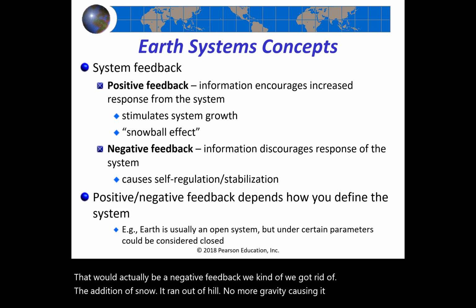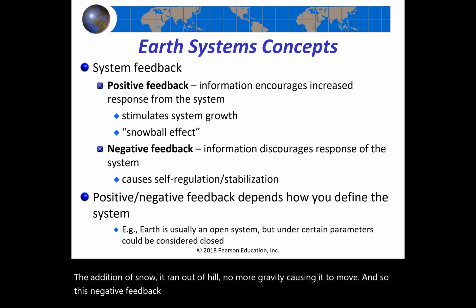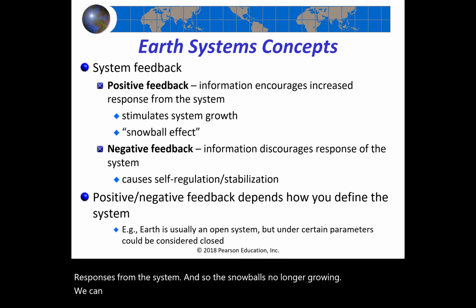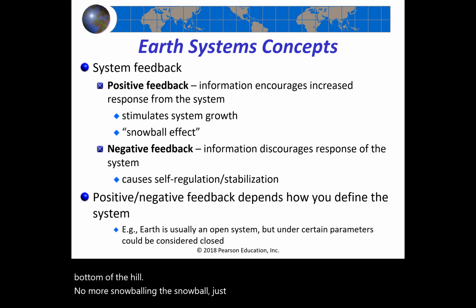And so this negative feedback is discouraging responses from the system. And so the snowball's no longer growing. We can think of negative feedback like self-regulation or stabilization. Again, the bottom of the hill, no more snowballing. The snowball just kind of sits there, not growing anymore.